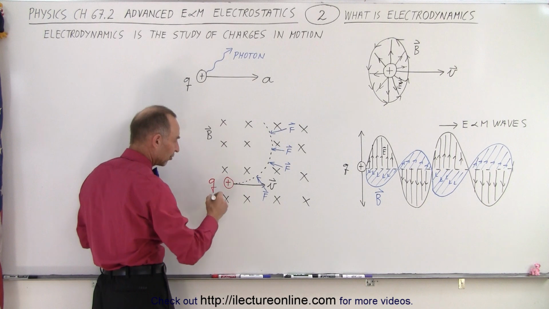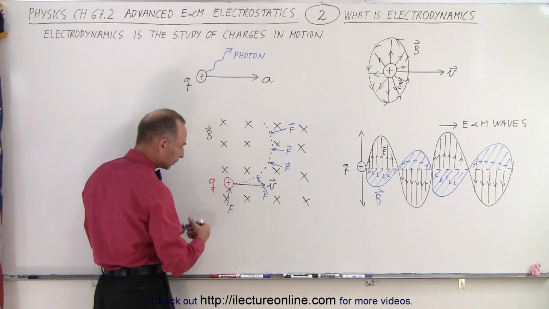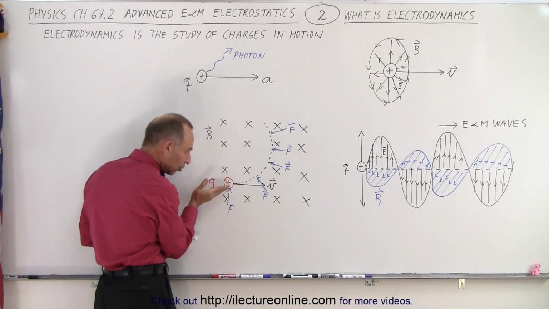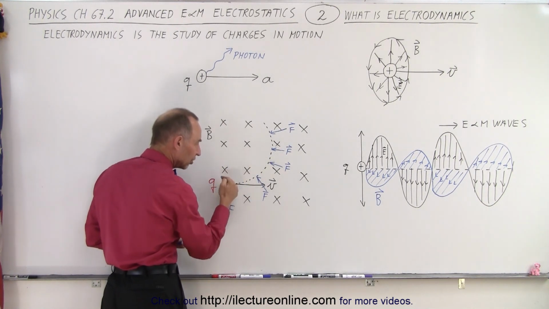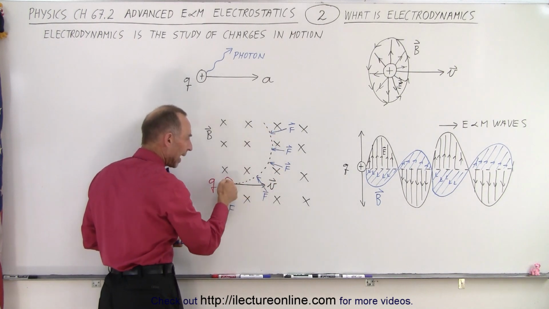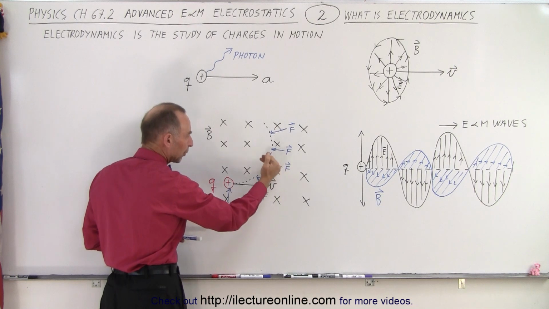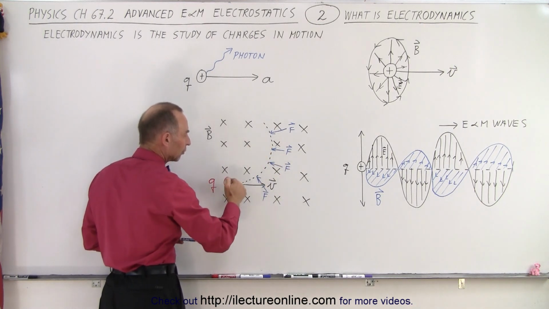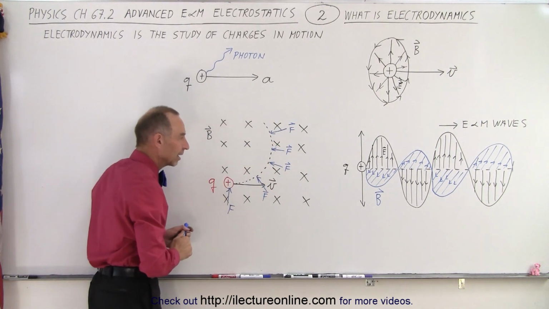So you can see that the force starts like this, and that force will then cause the charge moving through the magnetic field to change direction, kind of go into a circular path, and always the force will push perpendicular to the motion of the charge, making it go into a circular path as long as it's within that magnetic field.